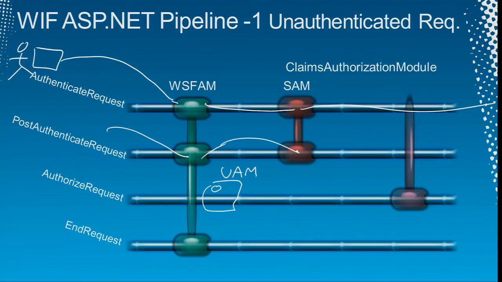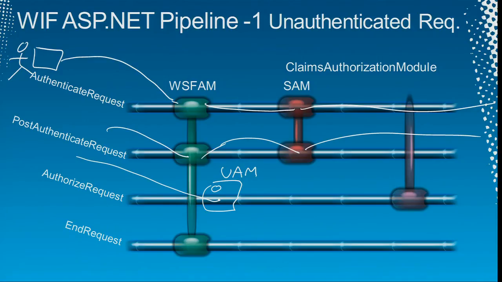But in this case, it's already done, so it doesn't care, and it goes straight. Finally, we arrive here at the URL authorization module. And since when you run the wizard, you actually change the authorization to deny question mark, let's say deny everybody but the authenticated ones, here this module says, I'm sorry, but you're not authorized.